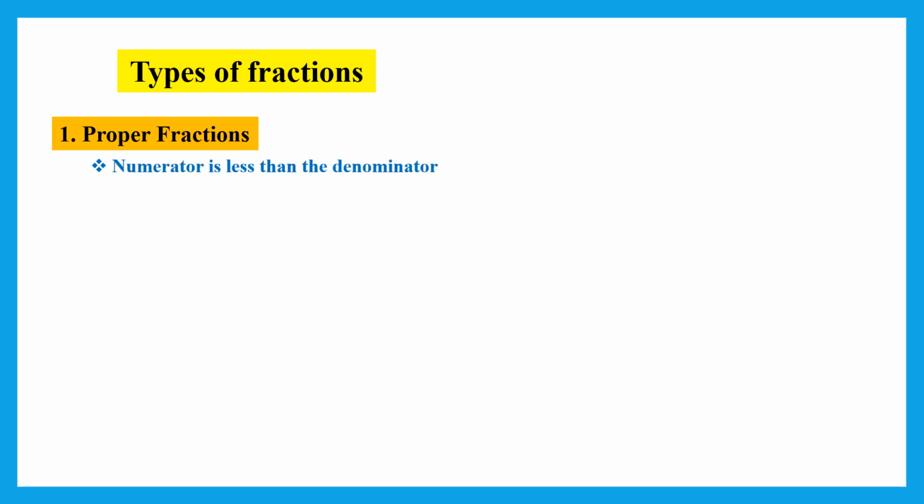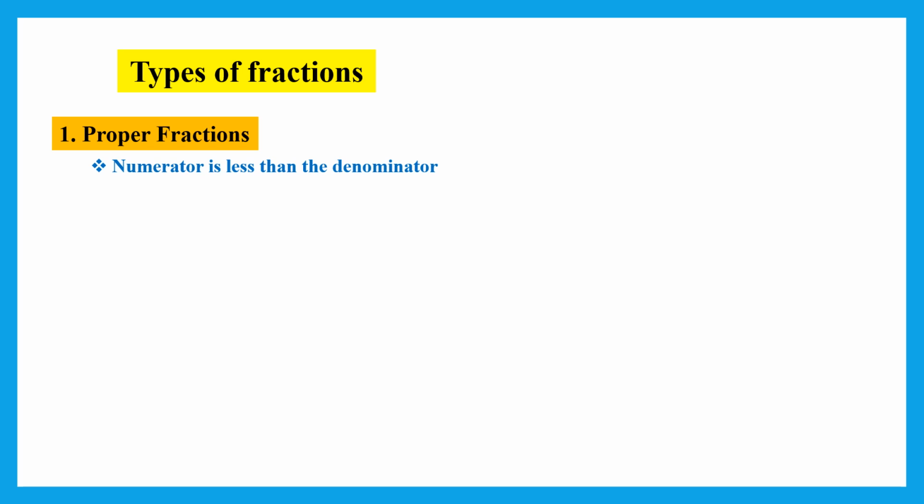The property of the proper fractions is that the numerator is less than the denominator. We know what the numerator is and the denominator is. The numerator is the number above the line segment.